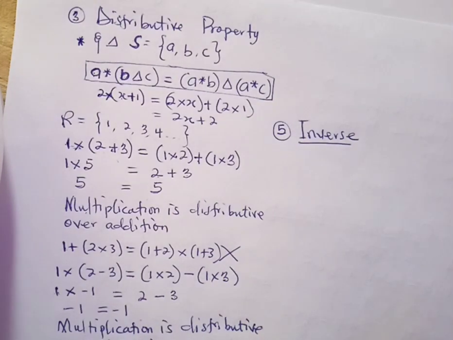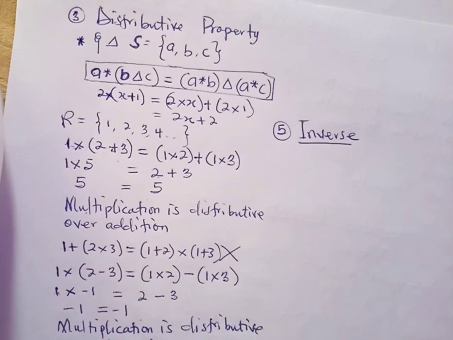Inverse property. So for the inverse property, we are saying that it is a number that, when it operates on another number, produces what? The identity. We have already talked about the identity.